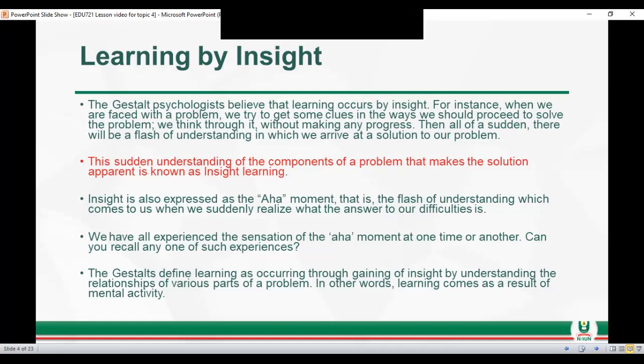In that moment of having that sudden understanding of arriving at the solution to that problem, you will normally tend to express this: aha, I now know the answer to this problem that I've been looking for.